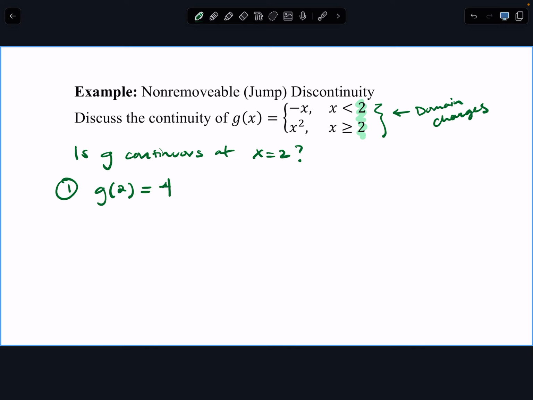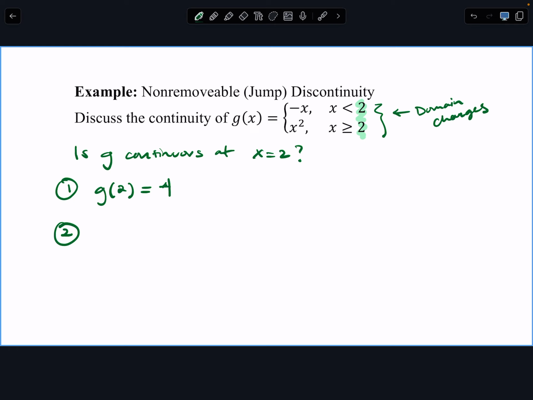We're going to the second item on the continuity at a point checklist, which is, does the limit exist? Well, if we thought about taking the limit as x approaches 2, our go-to is normally direct substitution, right, first.